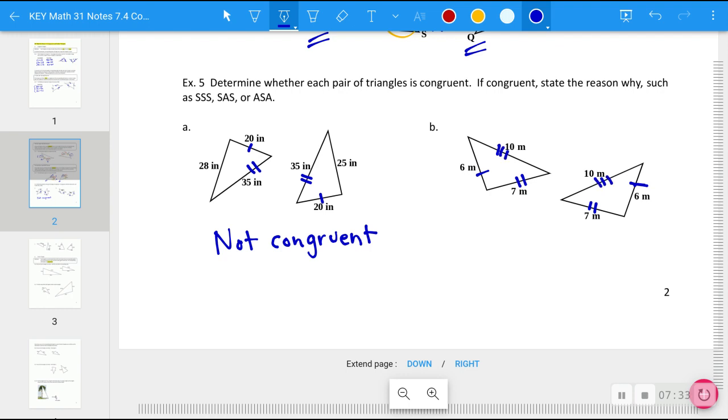And this is an example of congruent triangles by side, side, side. Three sides of one are equal to three sides of the other one.